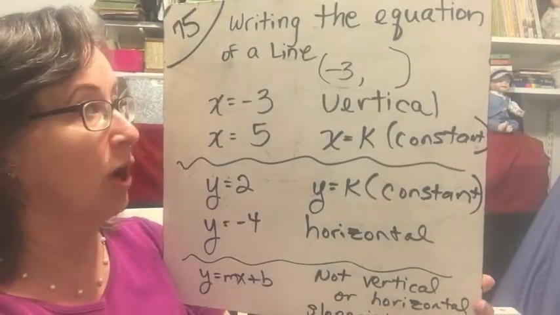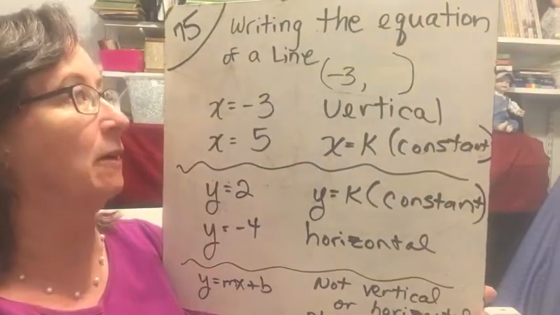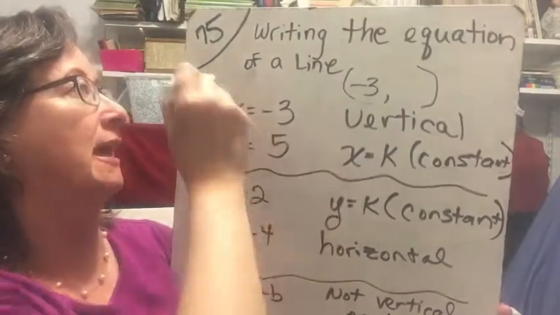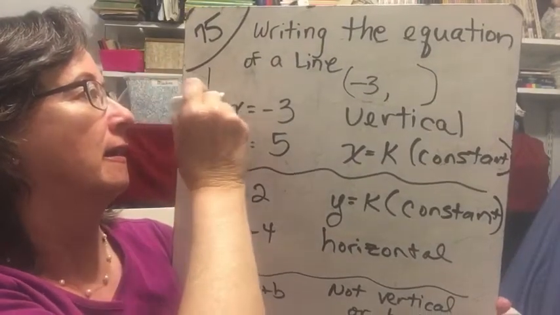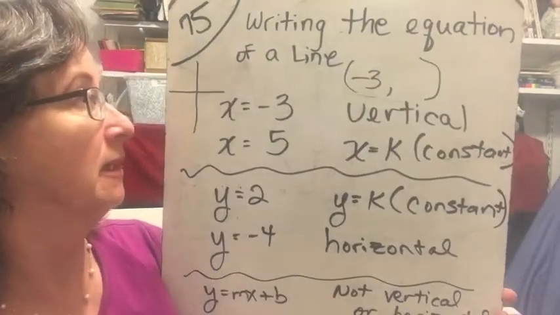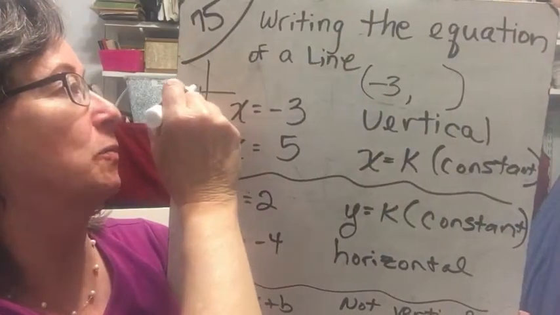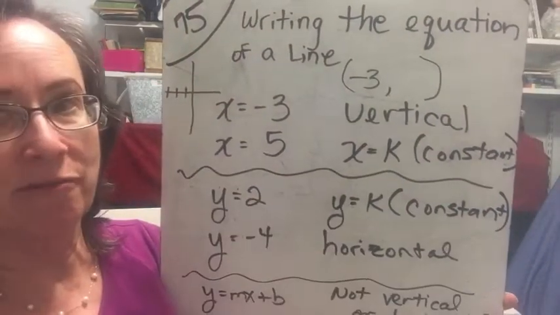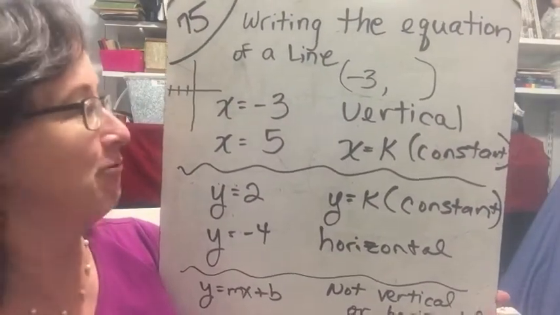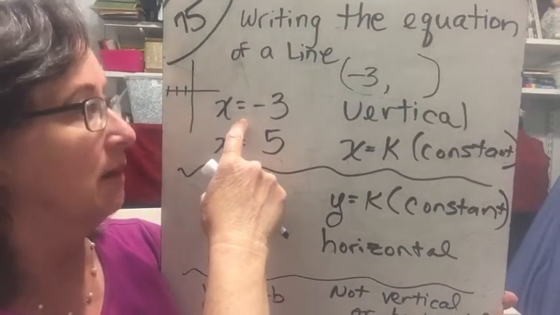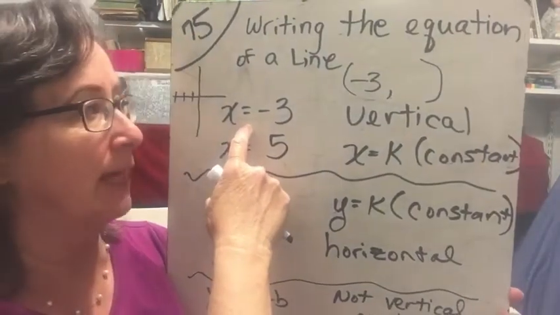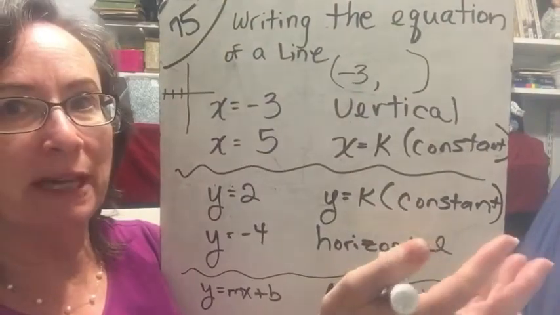Okay, so that means that if I were going to graph that line, I'll make a little bitty graph here, then we'd say this is 1, 2, 3, -3. That means that every point on this line would have an x value of -3. So I can just make up the y value.